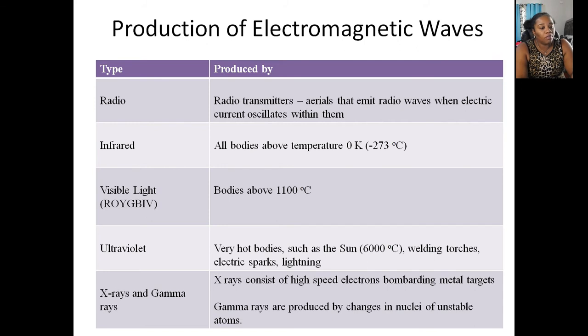Ultraviolet is produced by very hot bodies such as the sun, 6,000 degrees Celsius, welding torches, electric sparks, and lightning. X-rays consist of high-speed electrons bombarding metal targets, and gamma rays are produced by changes in nuclei of unstable atoms.